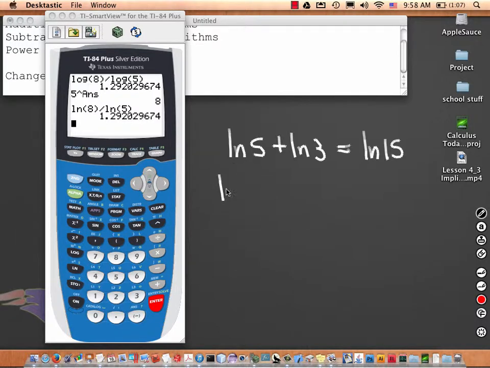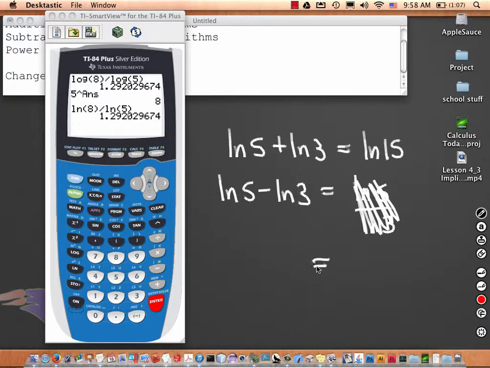When it comes to the subtraction of 2 different things, the temptation is to keep both logarithms and say this is the log of 5 divided by the natural log of 3. But that's not what the subtraction property says. The subtraction property says this becomes 1 logarithm, only 1 logarithm, and the argument becomes the quotient.